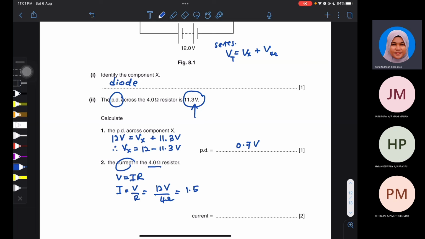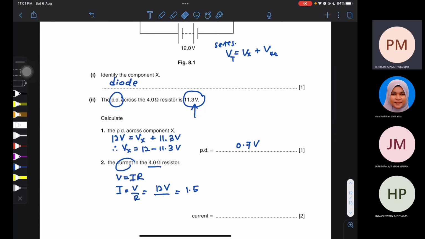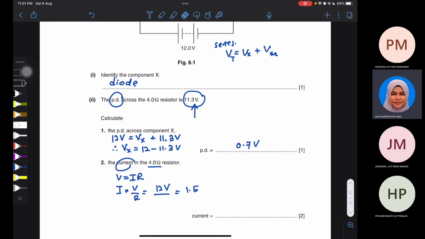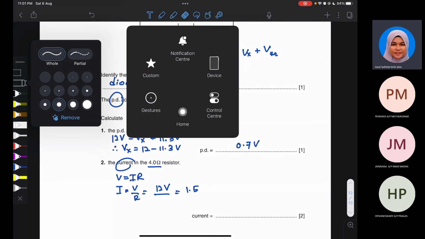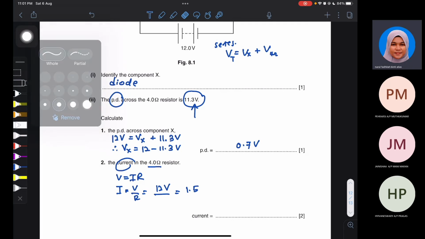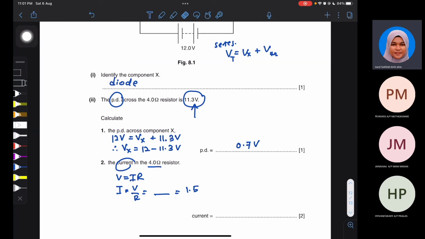Saya buat salah ni. What's the resistance? 4.0. Saya salah ni. The voltage pun saya salah kan? Voltage dia sepatutnya apa?